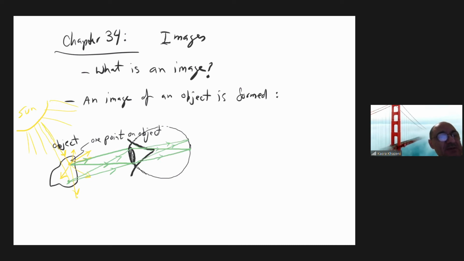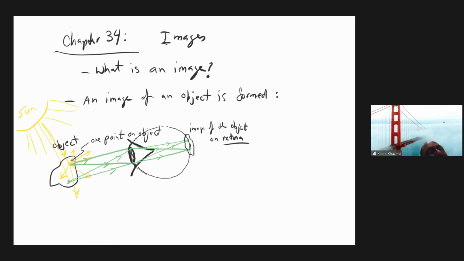So you can see finally a shape of that object will be formed in here, backwards, because as you can see, up goes to down, down goes to up. So there is an image of the object on the retina.